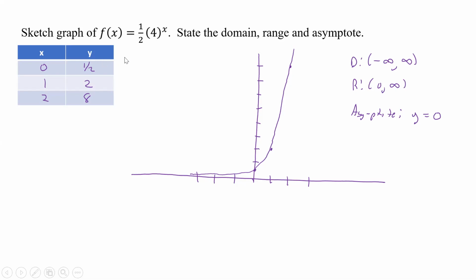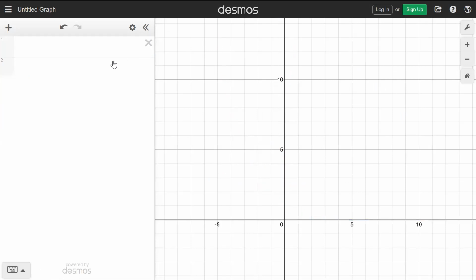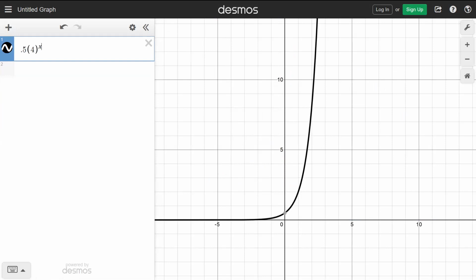Now you could always plot this in Desmos if we wanted to, and get a perfect curve. If we go to Desmos or even to our calculator. So here, if we did that, we would have 0.5 and then times, and then our 4, and then we would want to have 2, the x, and that's what it would look like.